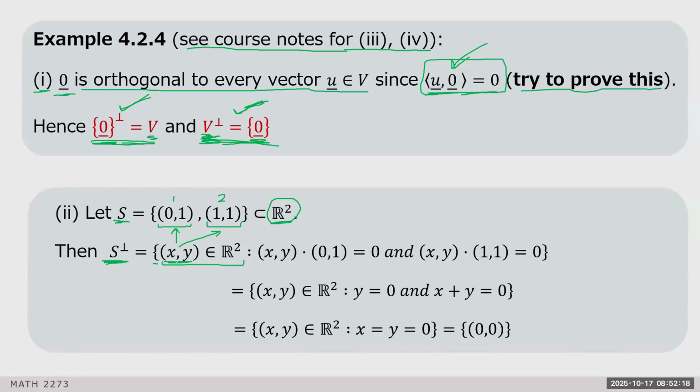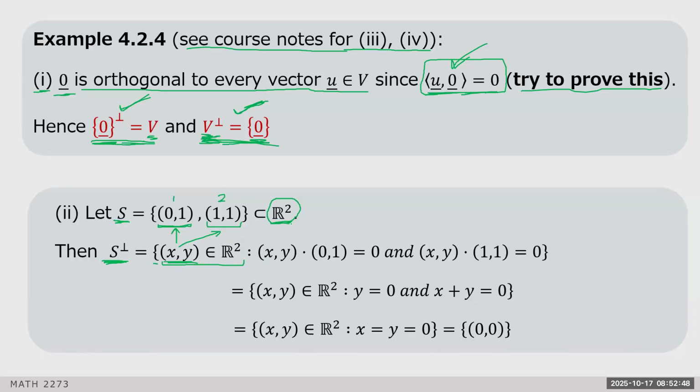So we are looking for vectors that are perpendicular to these two vectors at the same time. The catch is that in the orthogonal complement, it's not enough to say the vector has to be perpendicular to (0,1) or (1,1). It has to be perpendicular to both at the same time.